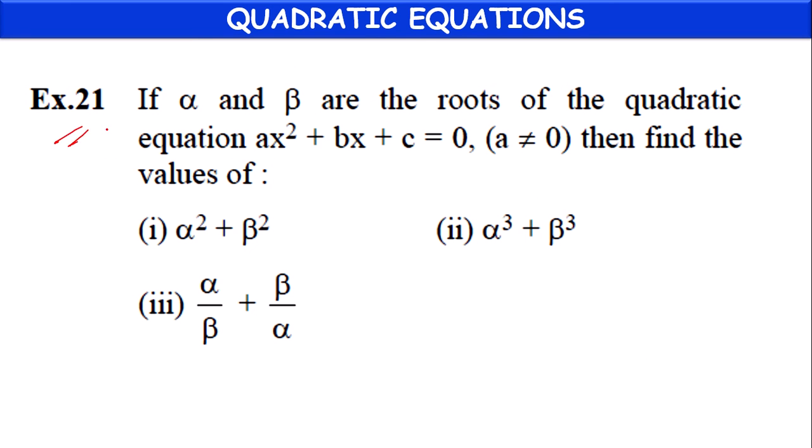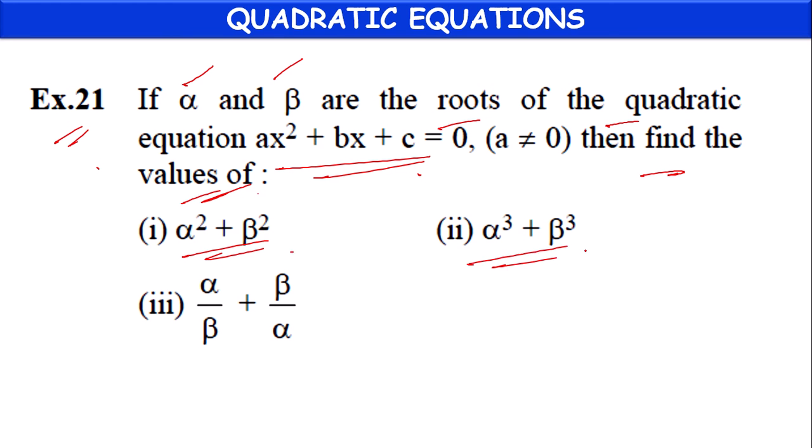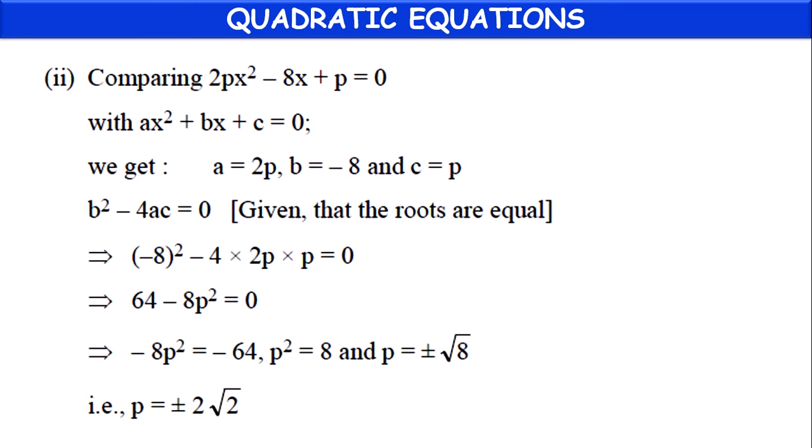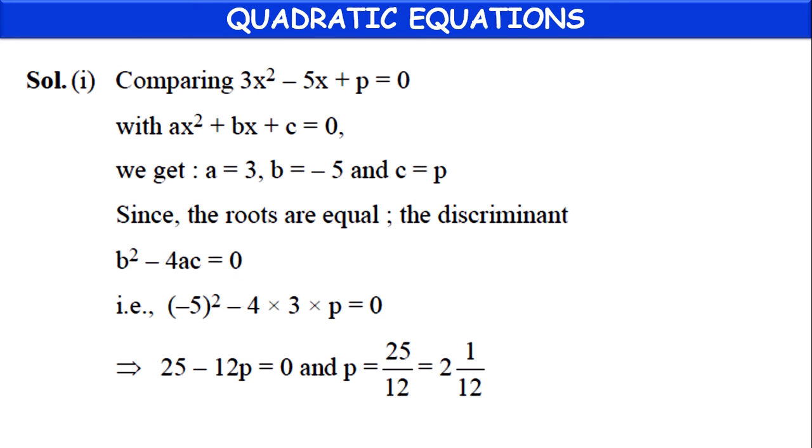Next one, example 21. If alpha and beta are the roots of this quadratic equation, then find the values of alpha square plus beta square, alpha cube plus beta cube, and alpha by beta plus beta by alpha.